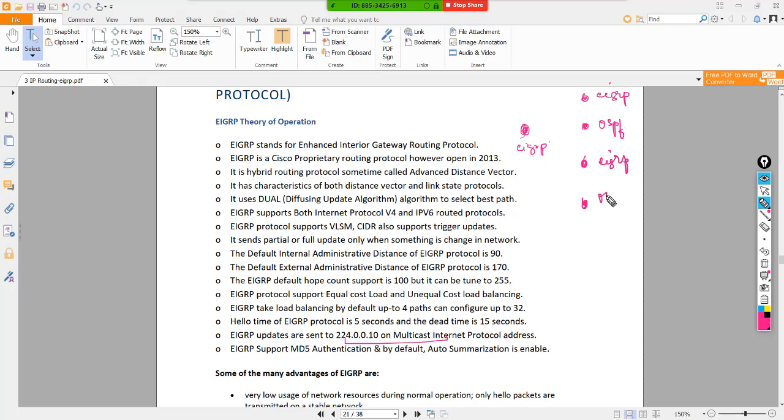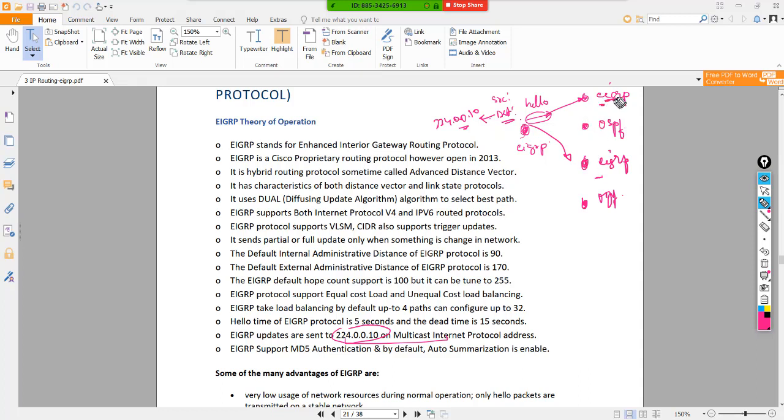Now when you're sending a hello packet, it will have two components. One is source and the other one is destination. In the destination is where you're going to enter this IP address as 224.0.0.10.